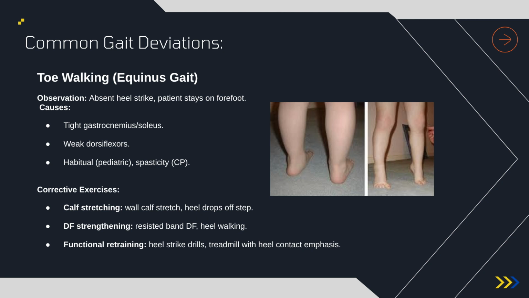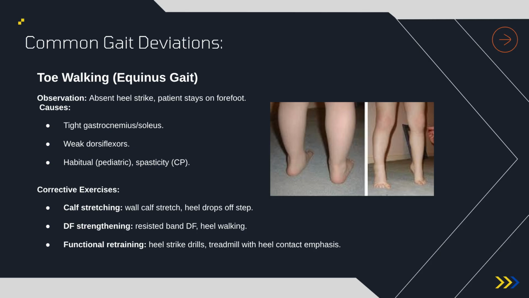Corrective exercises: calf stretching and eccentric heel drops, dorsiflexion strengthening, again with resisted bands, or also performing heel walking, and then doing gait retraining, emphasizing heel strike, or using a treadmill for heel contact emphasis.